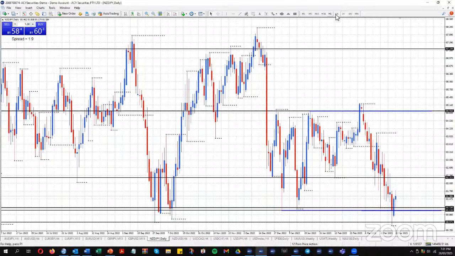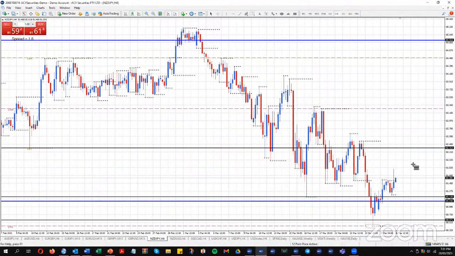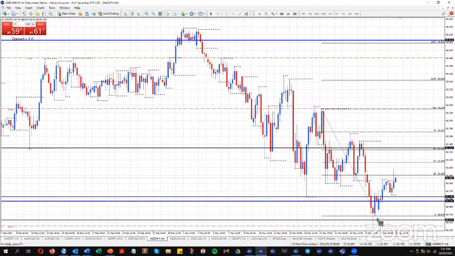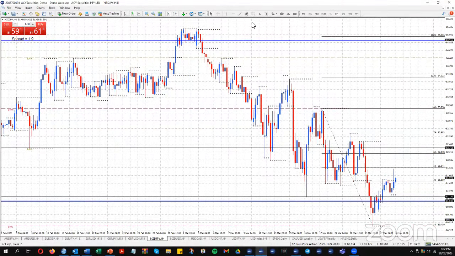If you go to the 4-hour chart and draw in last week's range, we trade back up inside last week's range, just underneath that weekly resistance level at 82.31. So 82.17 to 82.31, if you're looking for a short, that would be the area to watch this week.